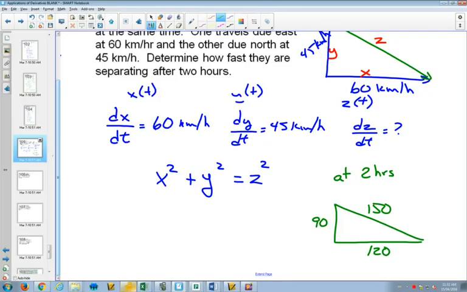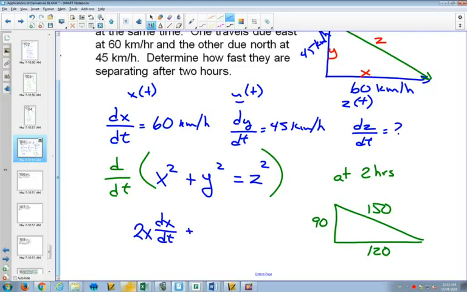So what can we do? Well, we can take the derivative with respect to time of this whole thing. So when you get to your x squared, the derivative would be 2x, and then the chain rule would say dx dt.